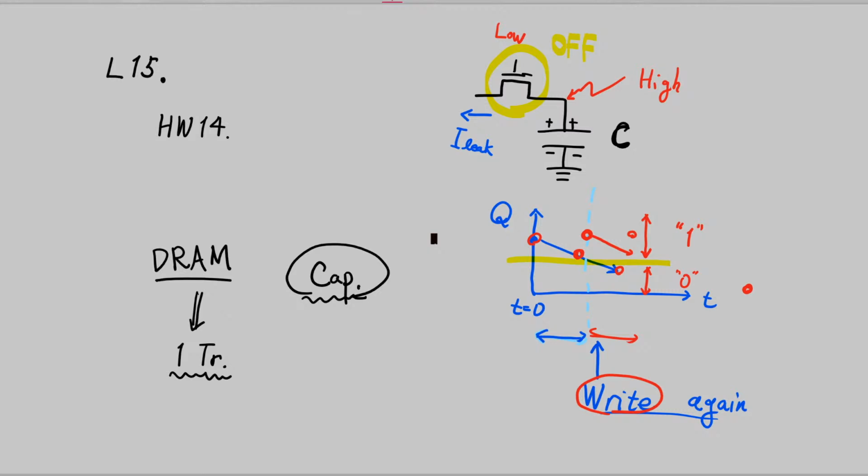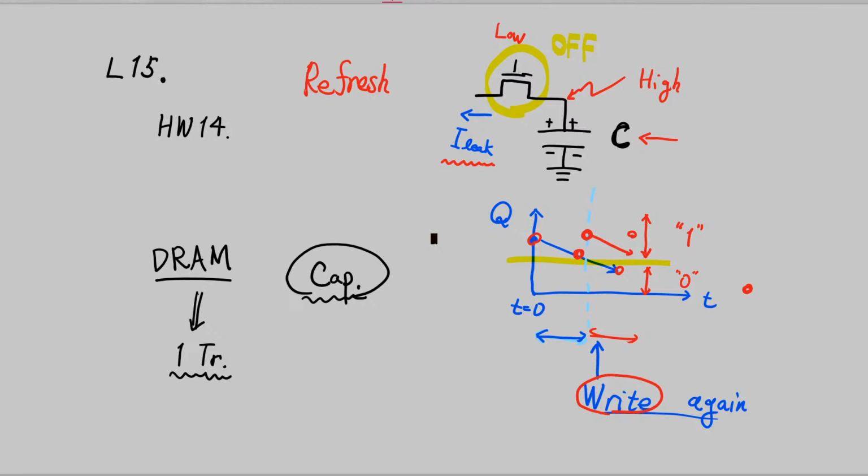This is a kind of sometimes redundant operation. If your device is perfect, then maybe your data stored in this capacitor will stay forever. However, since our device is not perfect at all, that's the reason why we have to refresh.